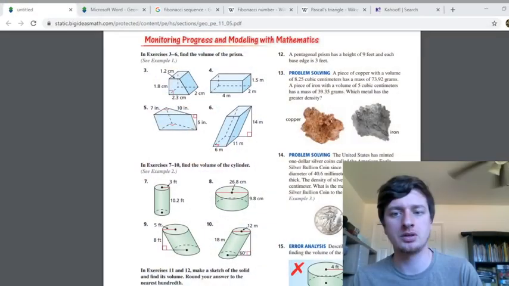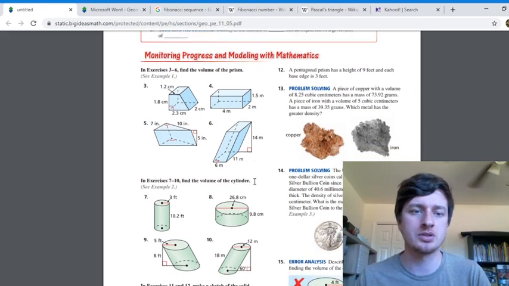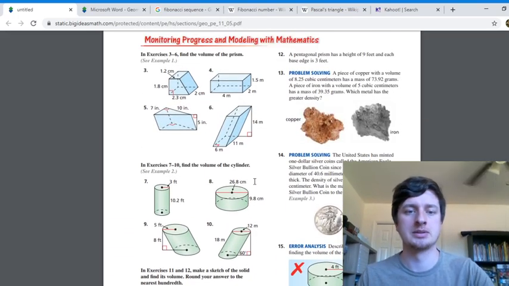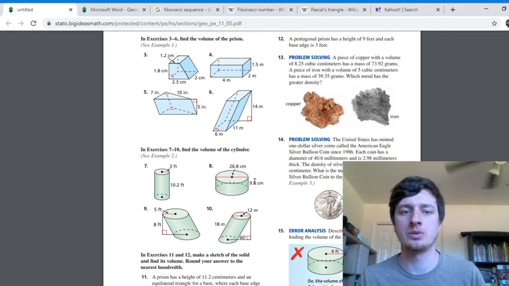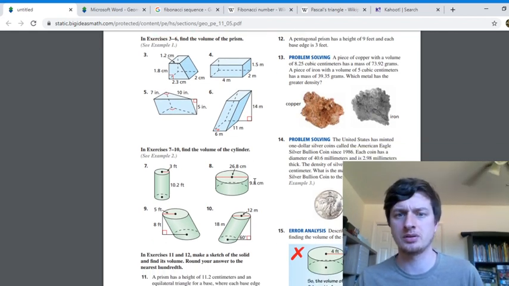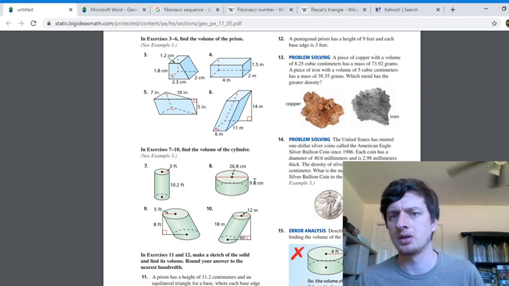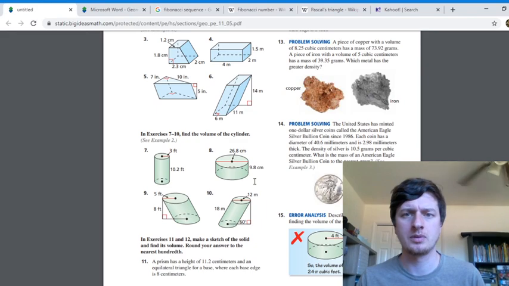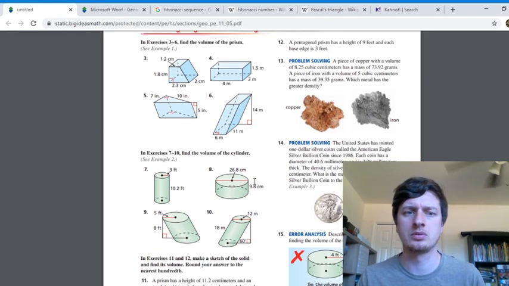Oh, practice problems. Right. So if we go back to this screen, if you go in your textbook, this is page 631. Okay. And we would do 3 through 10 here. 3 through 12.